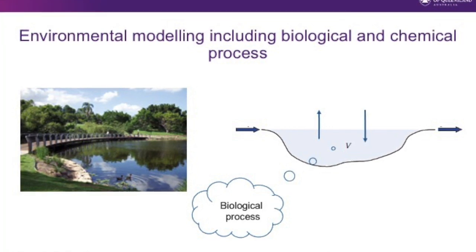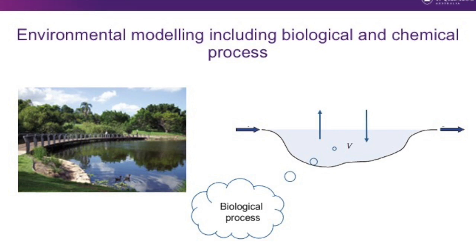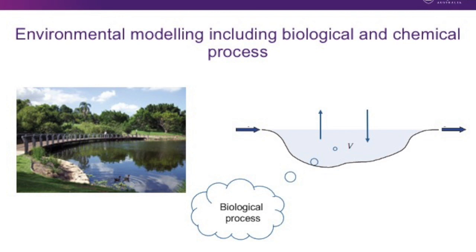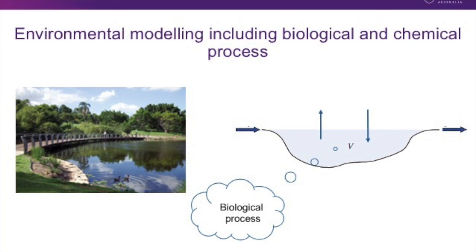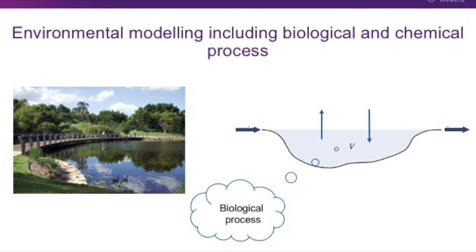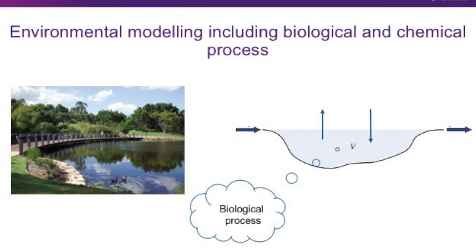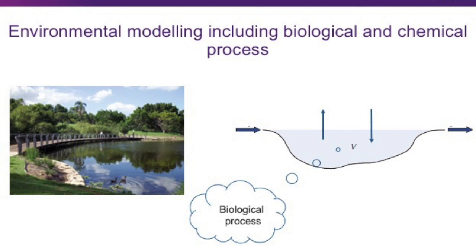And if the volume of the lake is affected, then the concentration will be affected. And therefore, we have to think about this process in terms of a stock flow equation that is based on extensive variables. We can also have inflows that contain the substrate that is being used for the biological process. So that means that our system cannot be solely described based on these equations, because this equation is only a small part of the overall mass balance.